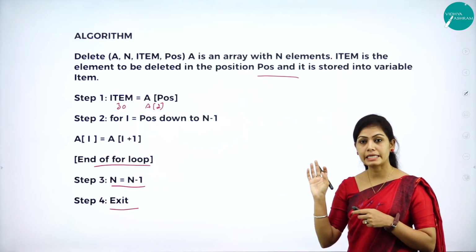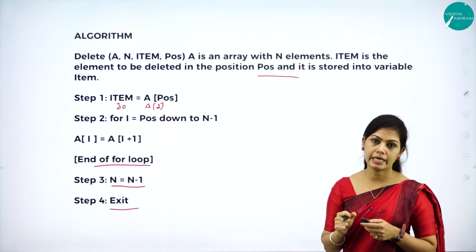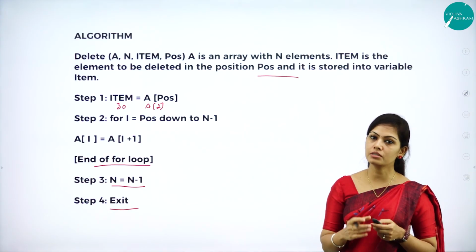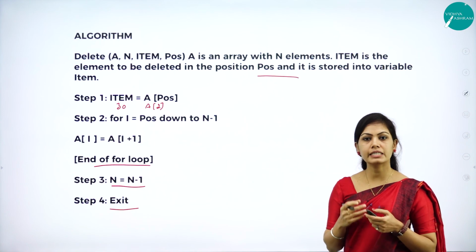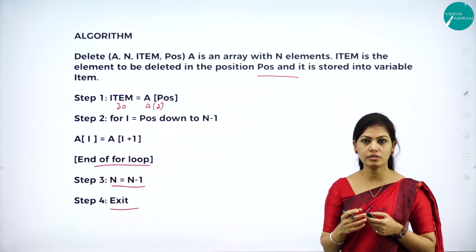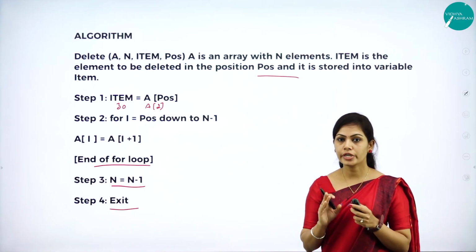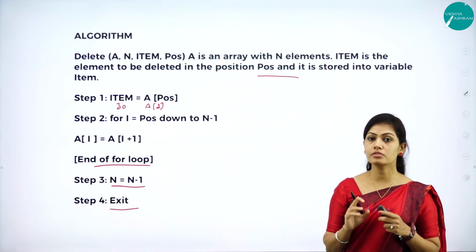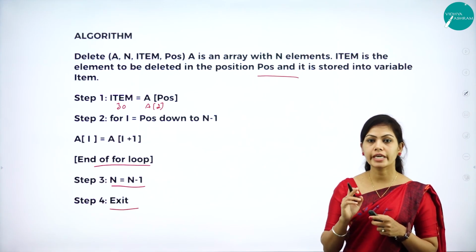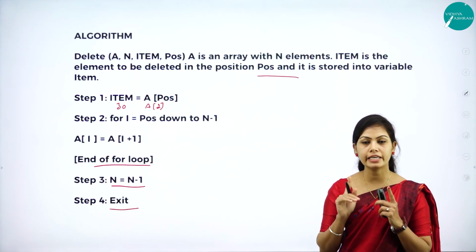Very simple concept. Deleting means removal of an element, removing an element from the array. Insertion means inserting a new element into the array. So this is called the deletion operation. Today we learned the traversing operation. Traversing means it visits each location of the array exactly once.